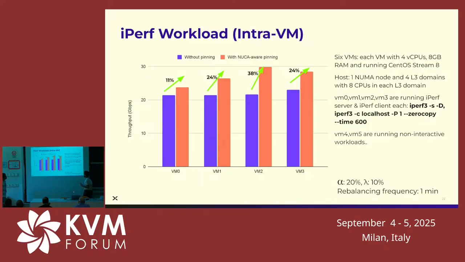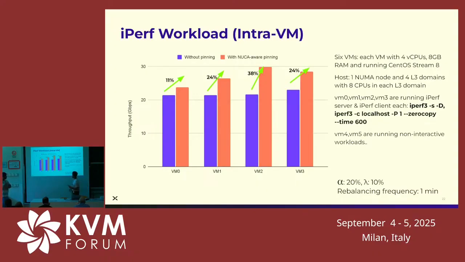Now we went on to see, okay, we have fixed the problem of cross VM traffic. Does it work even for intra VM traffic, when iPerf server and client both are running on the same VM? So again, we have the same setup, but this time the 4 VMs are running both iPerf server and iPerf client each.